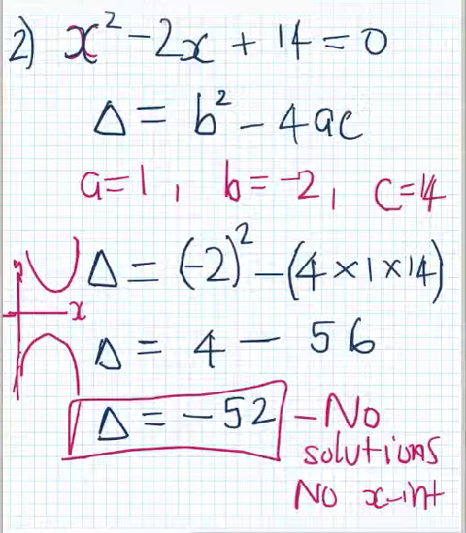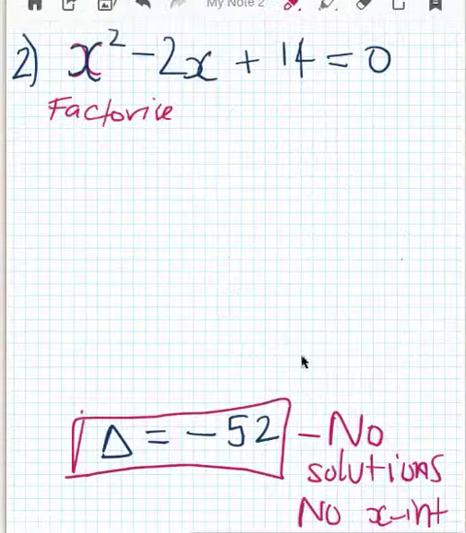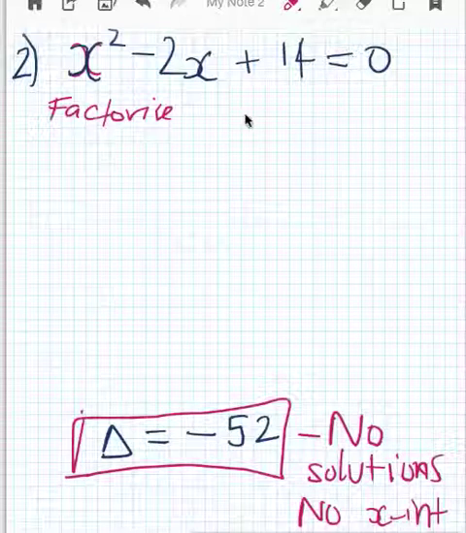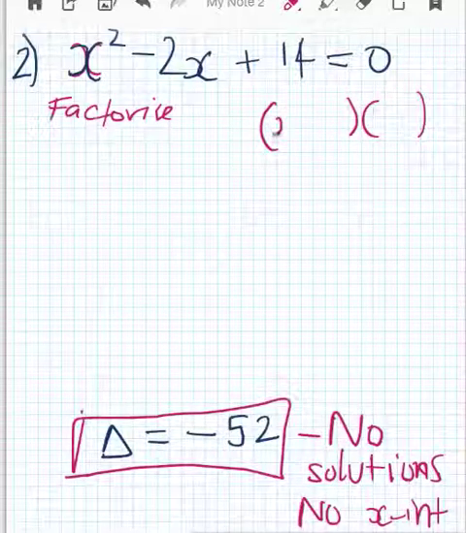Now, let's try to factorize this equation to see if it's possible. Because it's telling us there are no x-intercepts, that means it's impossible to factorize it. But let's just make sure. We'll try using the easy method, where we get our brackets ready, with x and x.